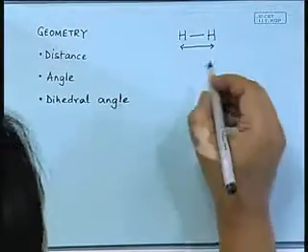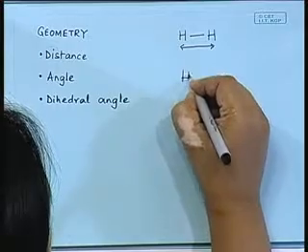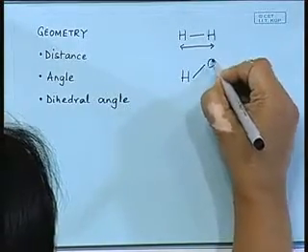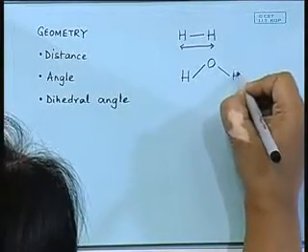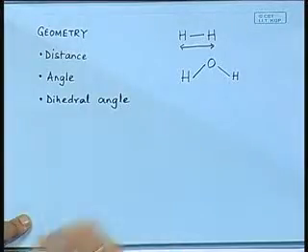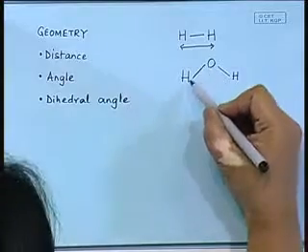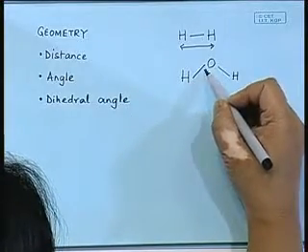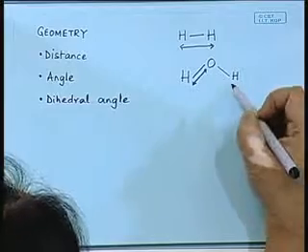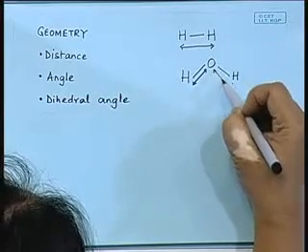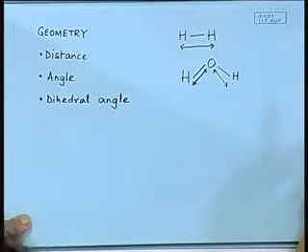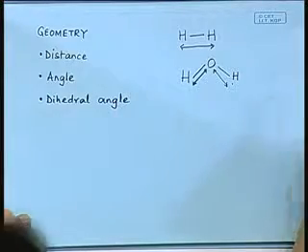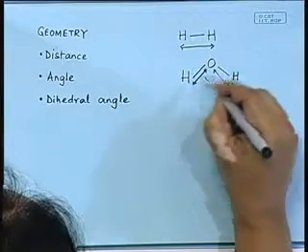If you were to go to water, where you would look at H, O, H. It is not sufficient if I give you distances. If I tell you this H is this distance away from the oxygen and this H is this distance away from the oxygen, that does not suffice, because I have to tell you what the angle between the HOH is if you have to get the correct geometry of the water molecule.